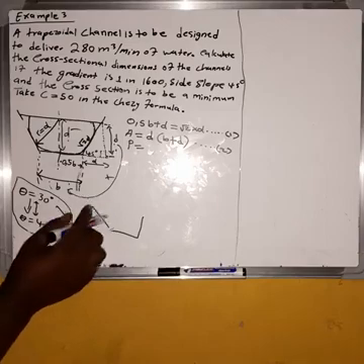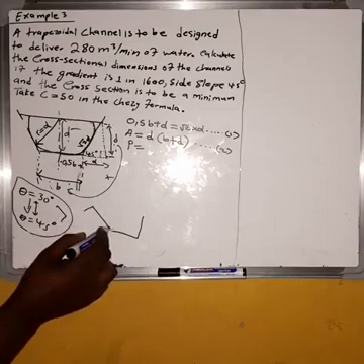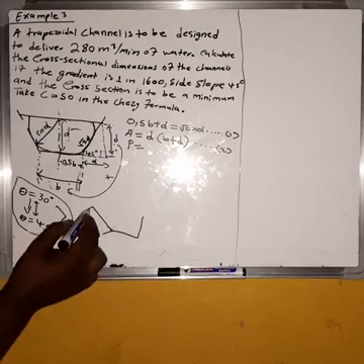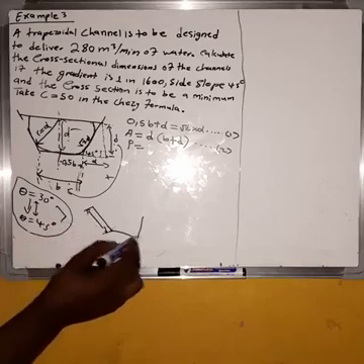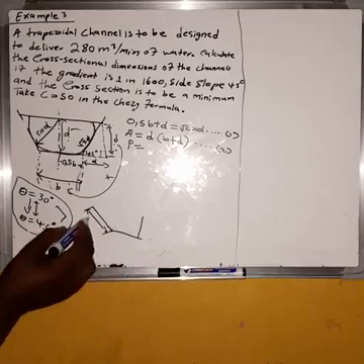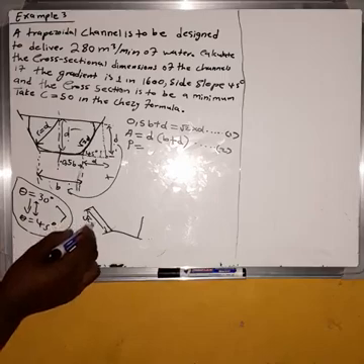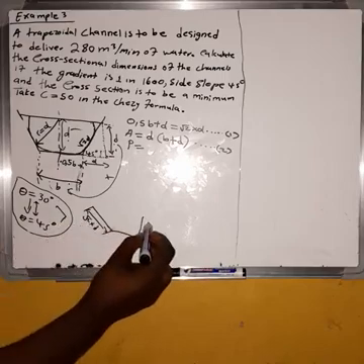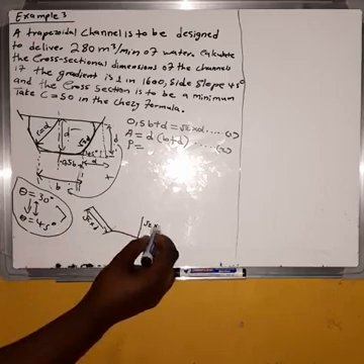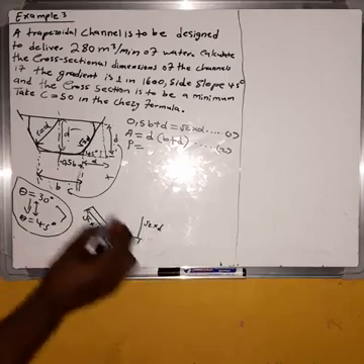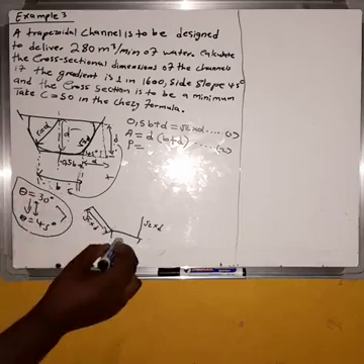Do not write that one side is depth over sine. No. Remember, this is 45 degrees. That means here will be the square root of 2 multiplied by d. Also this side must be the square root of 2 multiplied by d. From here until here, it is b.